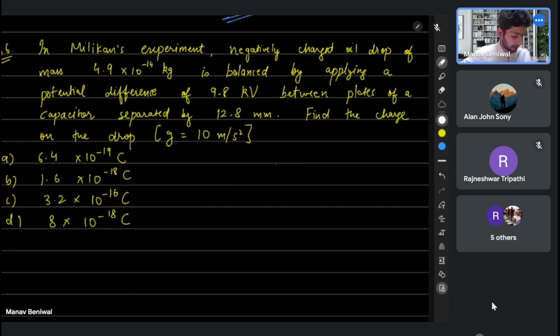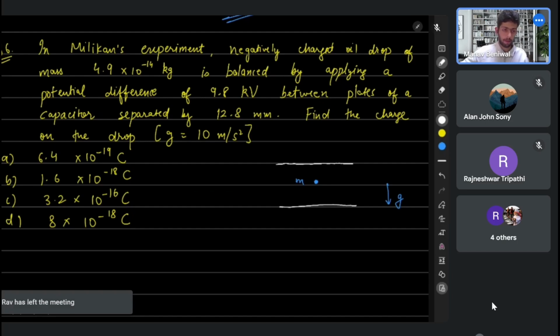So you have a parallel plate capacitor like this. You have a small oil drop here. You know its mass m, and you know that gravity is acting downwards, so the acceleration is g, and because it is balanced, the electrostatic force will be acting in the upward direction, right?